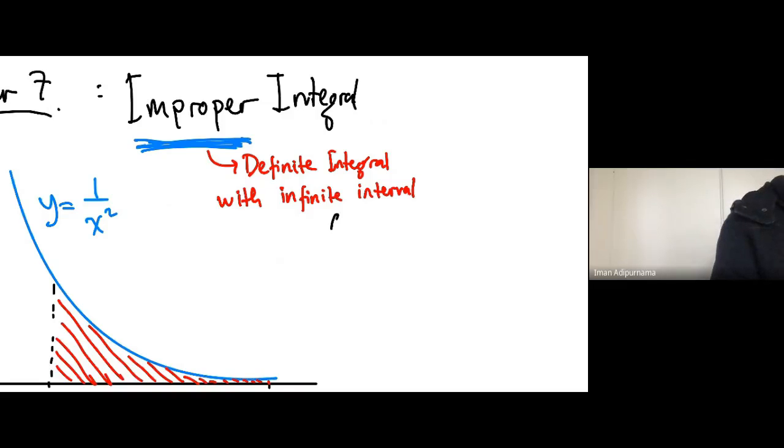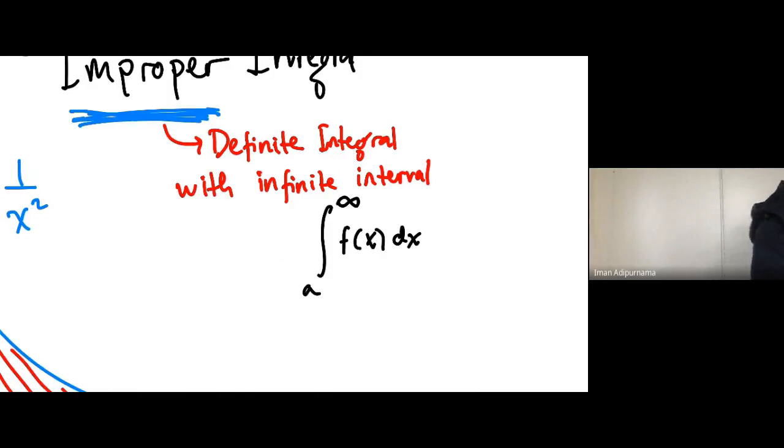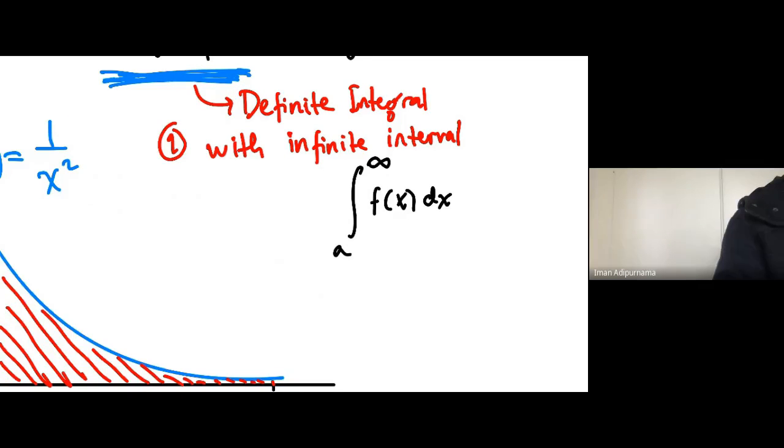For example, you have integrations f(x) dx, and maybe from 0 or maybe from some constant a to infinite number. So that's what improper means. So the first definition is having infinity, approaching infinity for the integrations.